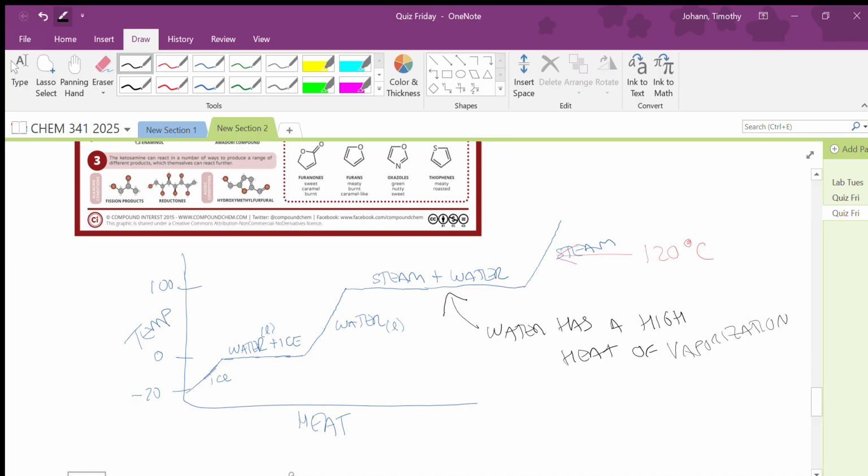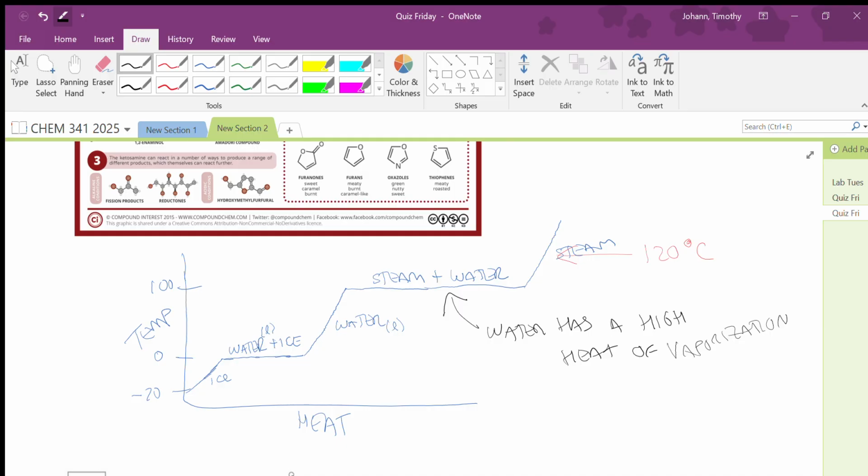All right, so it takes a lot of energy to take this water and turn it into steam. I think it's about, if I remember correctly, over 5 times as much energy to take a given quantity of water, say a gram of water, and turn it into steam as it takes to raise it from 0 to 100 degrees Celsius.